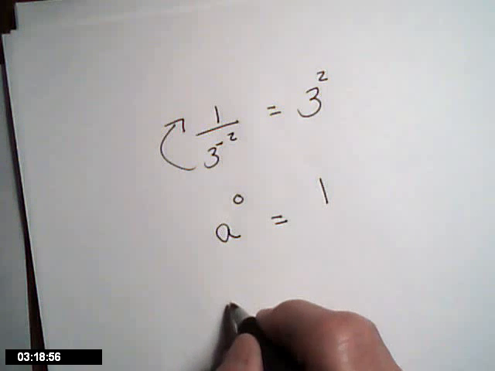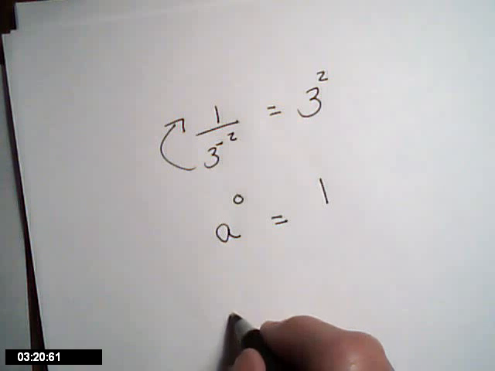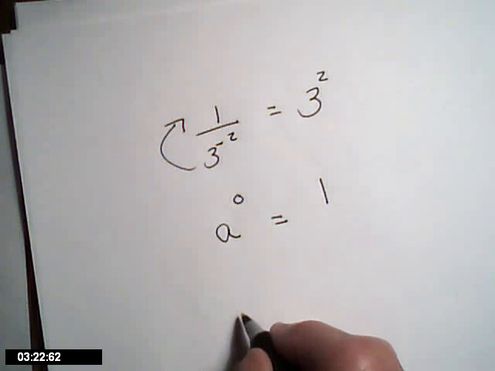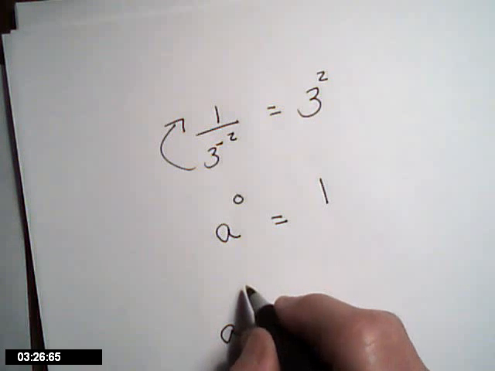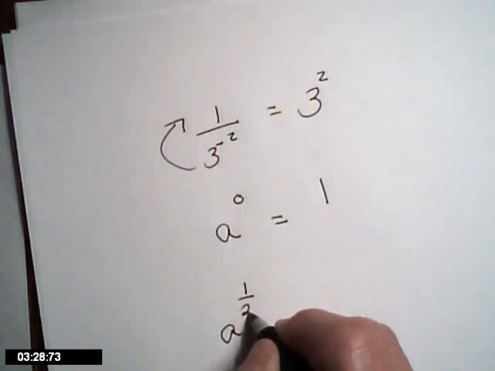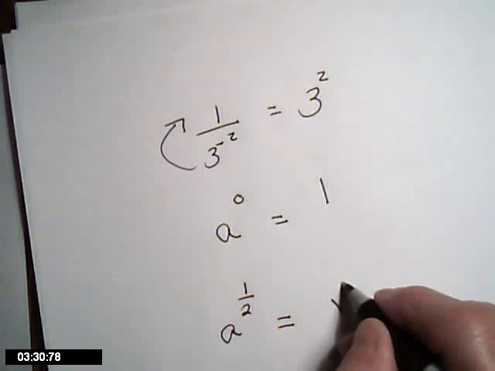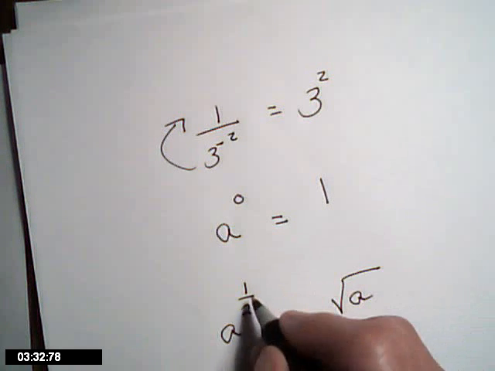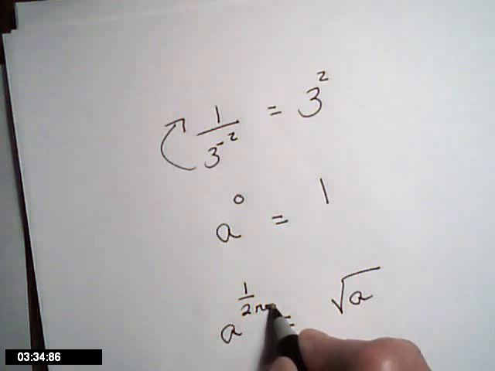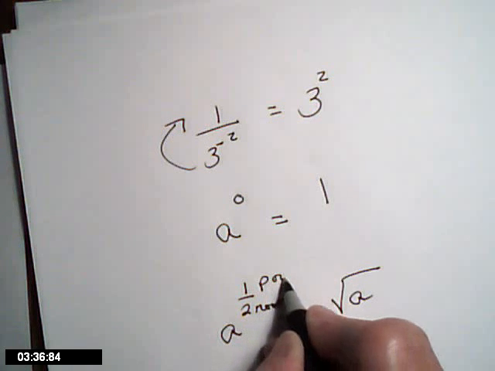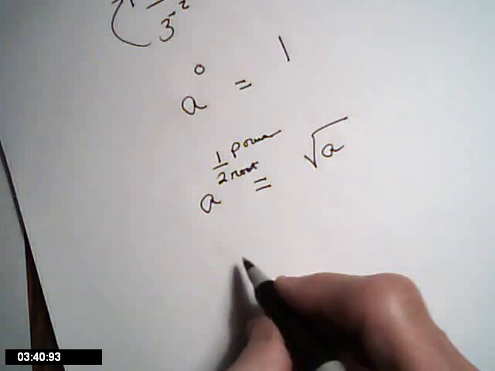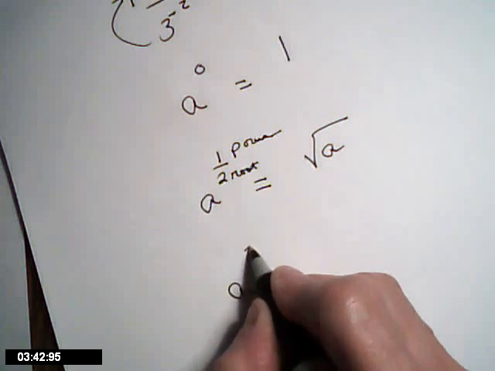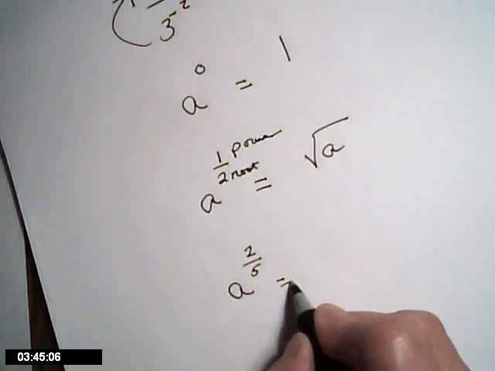If you have an expression, let's say a raised to the 1/2 power, that's the same as the square root of a. That denominator being the root and the numerator being the power. So let's say we have a raised to the 2/5 power.